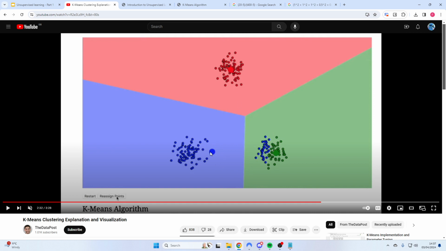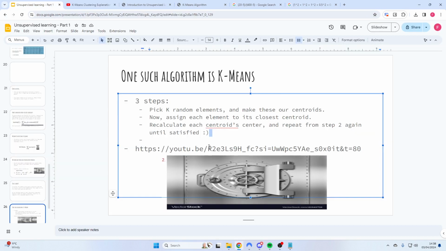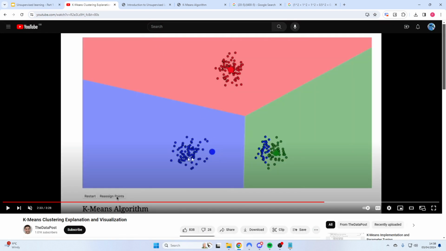Blue is slightly skewed to the right because we also have to include these ones in our calculation. So the average is between these 2 clusters. And green has just moved down towards its center of here. Okay, so that's part 3. We recalculate each centroid center, and then we just repeat it again.